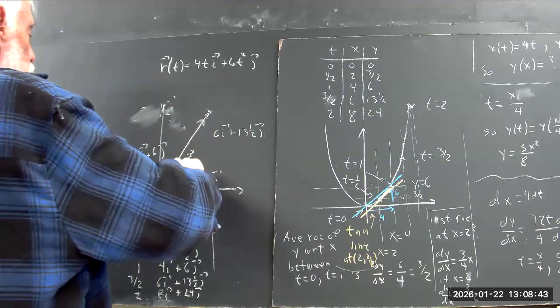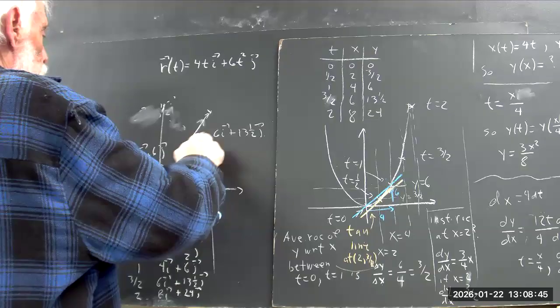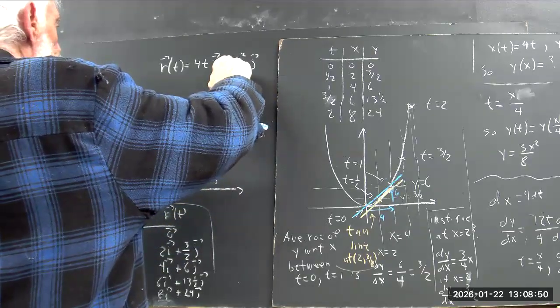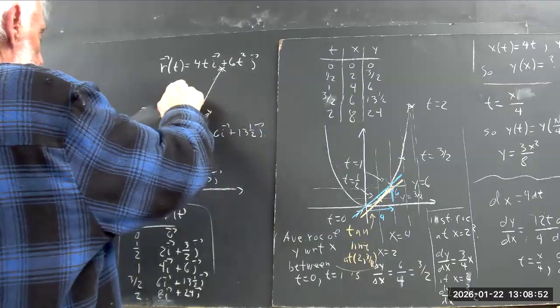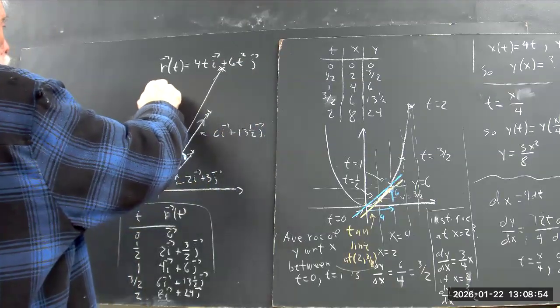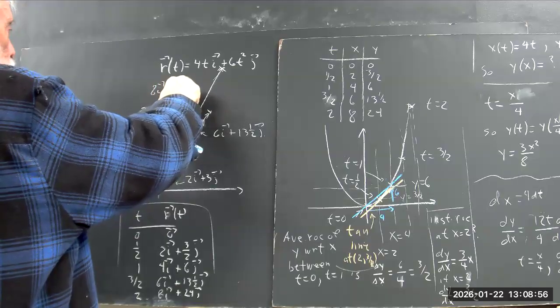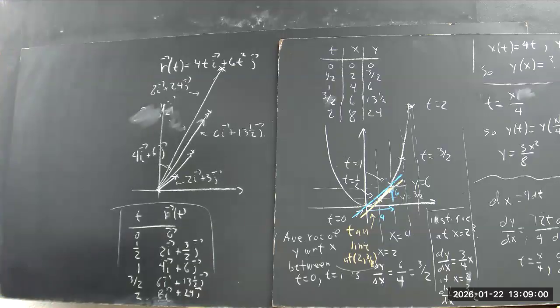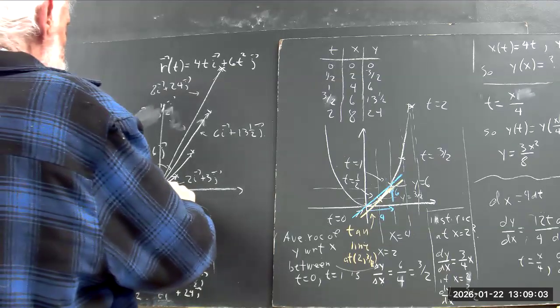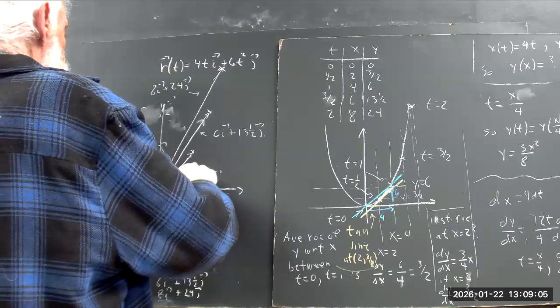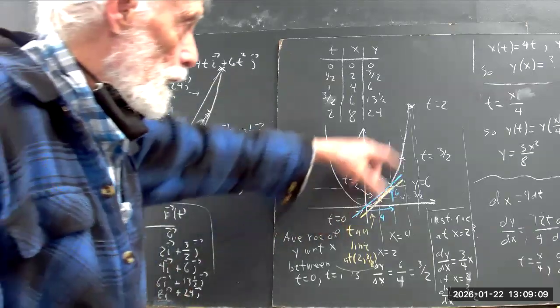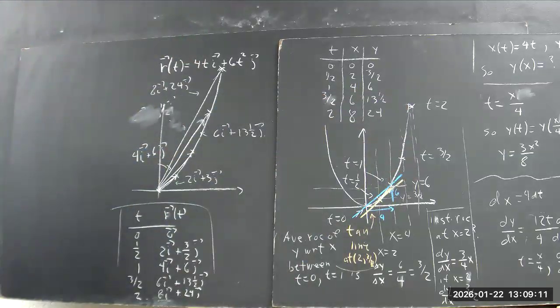I'm going to erase that because I want to label this one on this side, and then this one up here somewhere is your 8i plus 24j. Now these points can be connected by a smooth curve, and lo and behold, you have the same parabola that we had over here when we graphed the function.